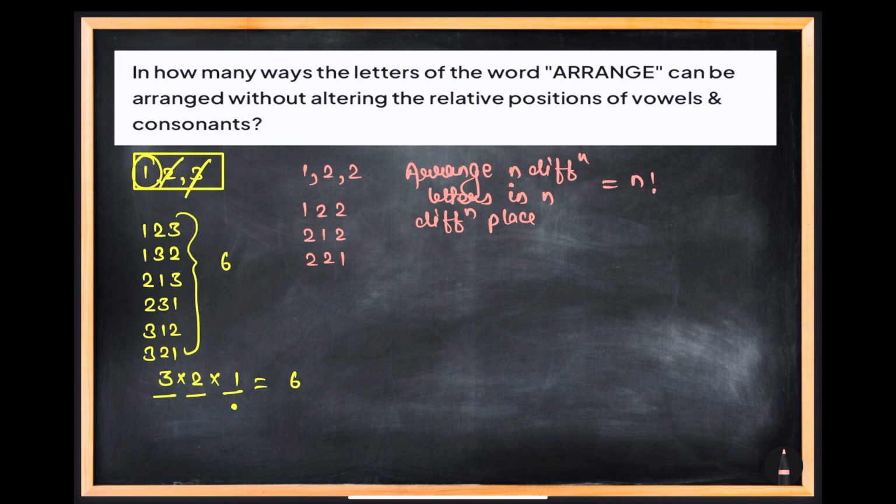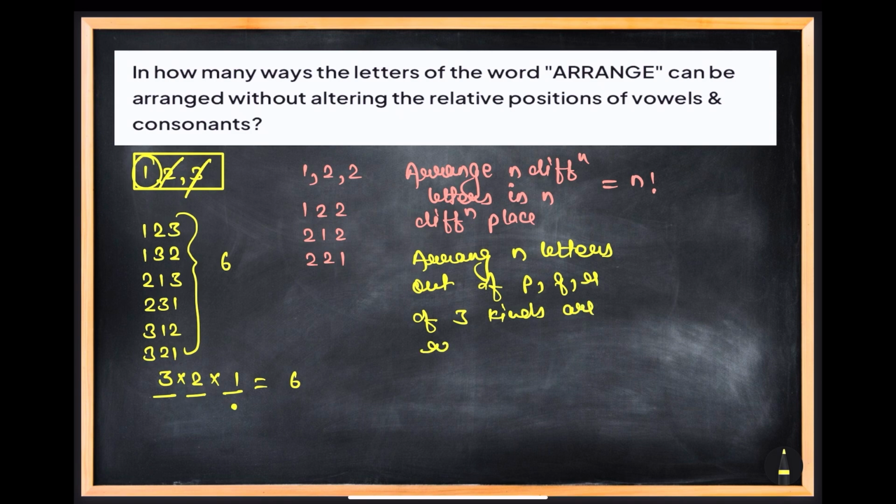Now look at this. This time we have to arrange n letters, out of which P, Q, R of three kinds are repeating.